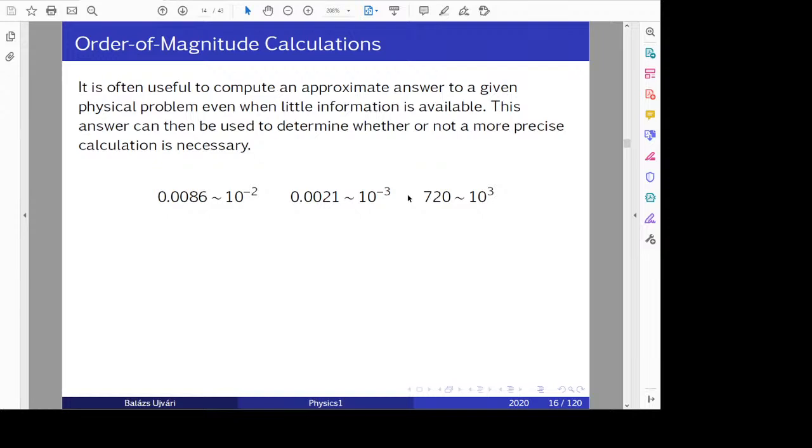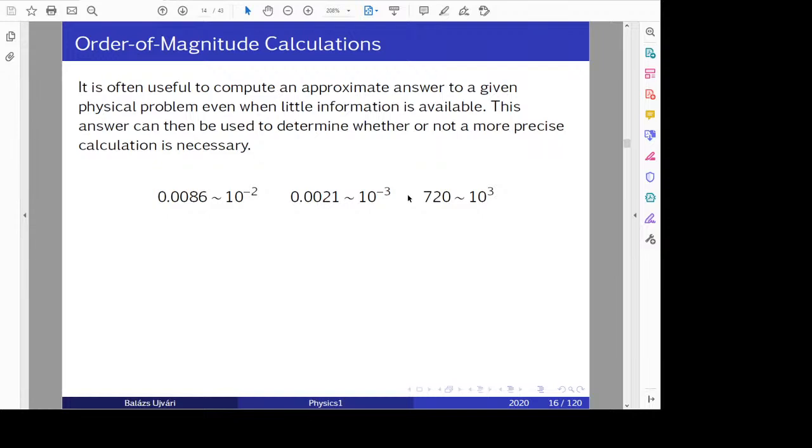Order of magnitude calculation. It's very important when you think about something you want to measure. You should know at the very beginning, for example, the length you want to measure, not precisely, but only the order of magnitude.